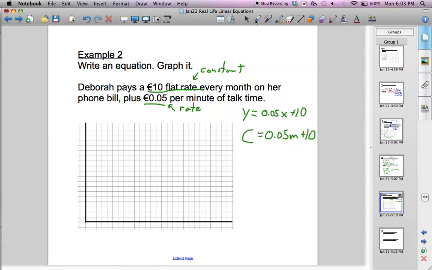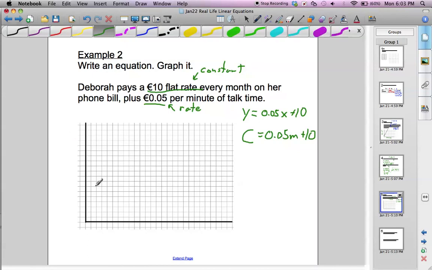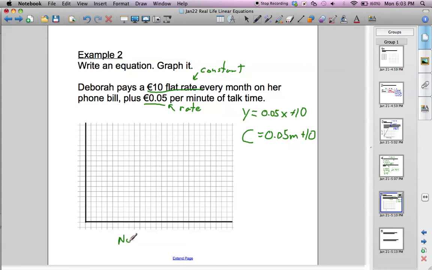Alright, let's label the axes. This down here is going to be number of minutes, and the y-axis here is going to be cost, and this is actually euros.